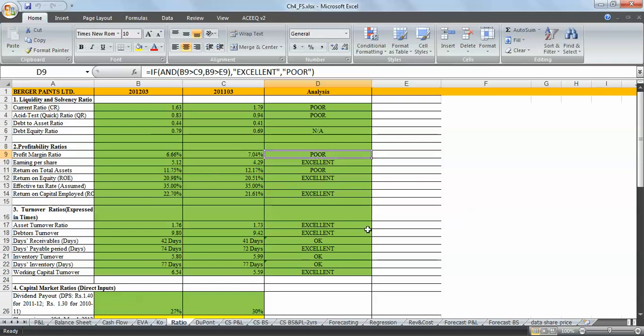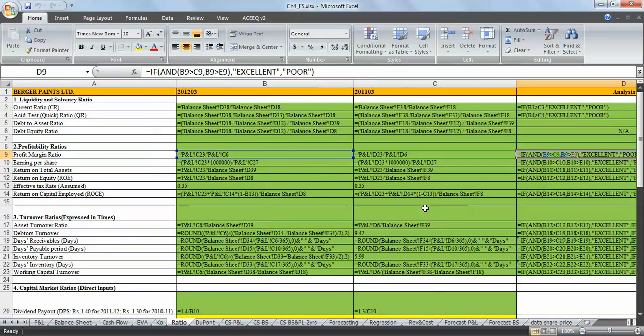If you want to see the formula of the sales, then you can click here and you can see the formula here.